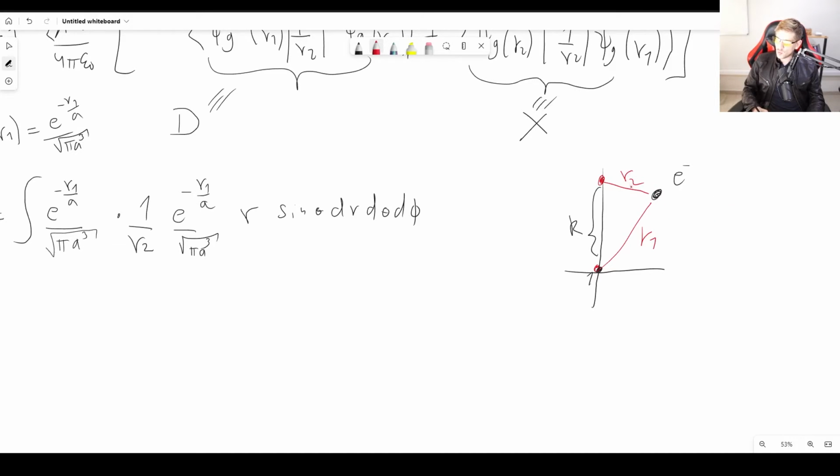So we can find one in terms of the other. We can easily change labels, by the way, which is what we did before. There's no difference. So what is best for us? If you write as before, r2 is equal to r1 squared plus r squared minus 2 r1 r cosine theta, right?